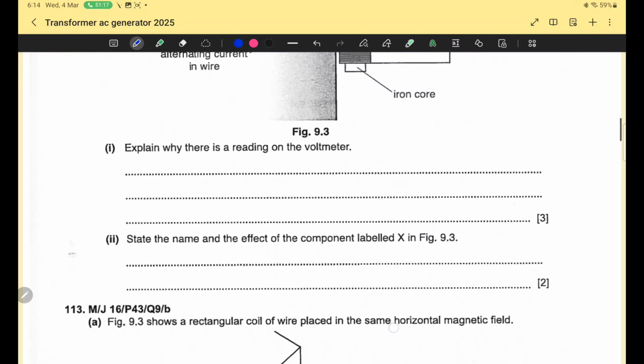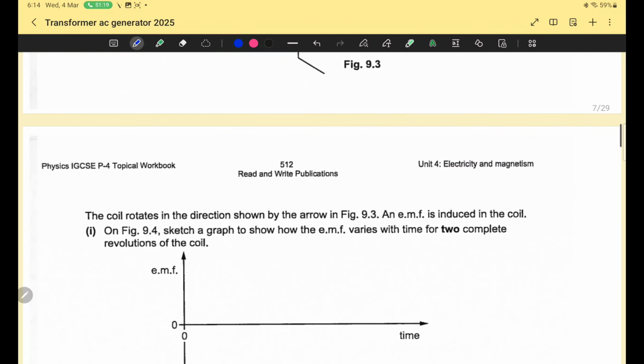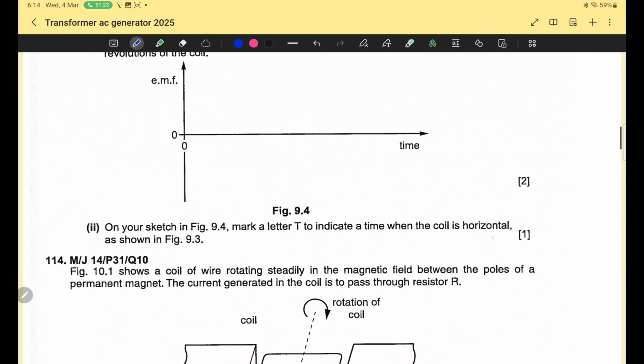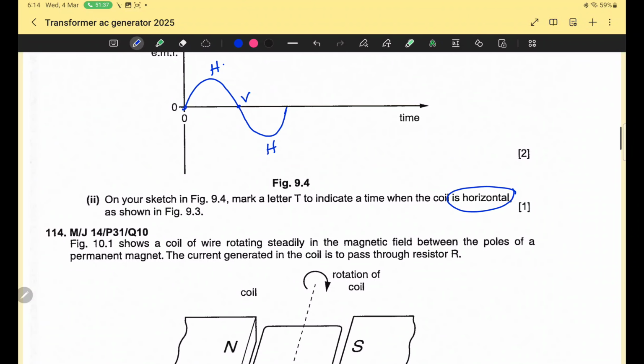This is not a generator question. Now this is a generator question. Again the same type of question, and they are asking where the coil is horizontal. Horizontal is here, vertical is here. I have already taught you that they ask these two points again and again.